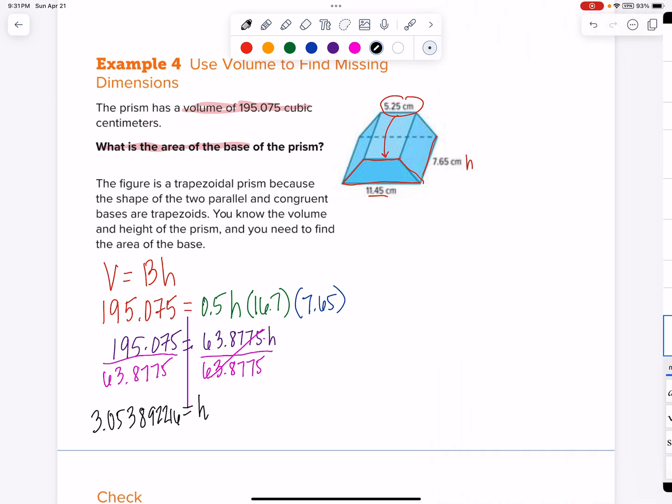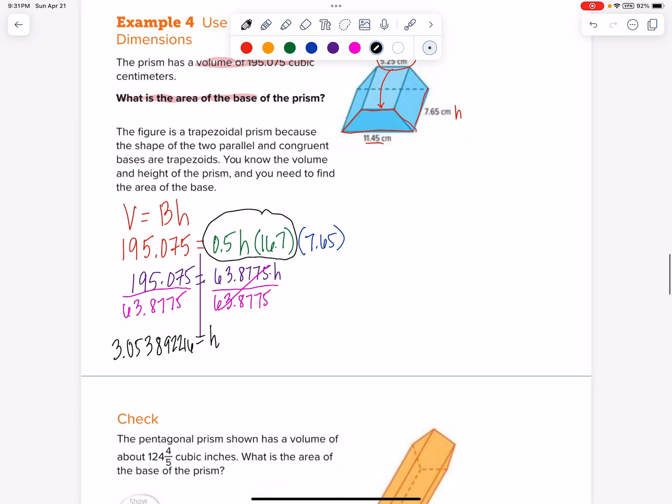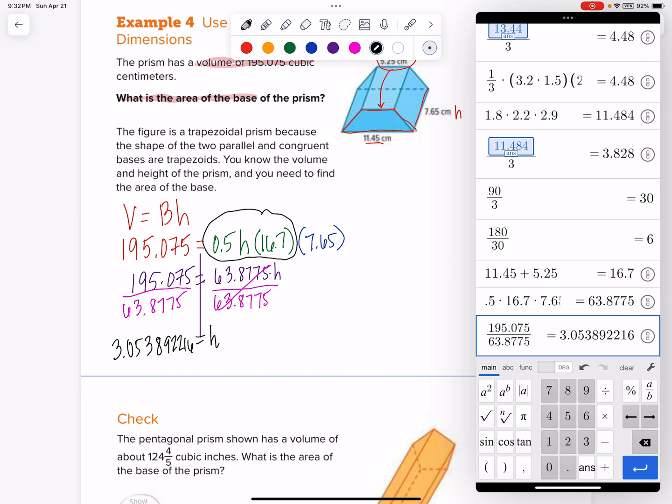So that's the height. They want us to find the area of the base. So now that we know the height, we can plug that into our formula here to get just the area of the base. Let's go ahead and do that and see what we would get.